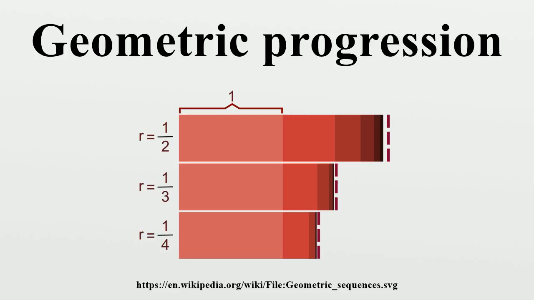Product. The product of a geometric progression is the product of all terms. If all terms are positive, then it can be quickly computed by taking the geometric mean of the progression's first and last term, and raising that mean to the power given by the number of terms. Proof. Let the product be represented by p.